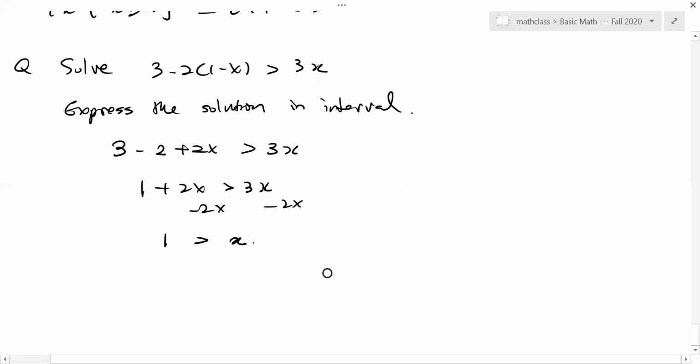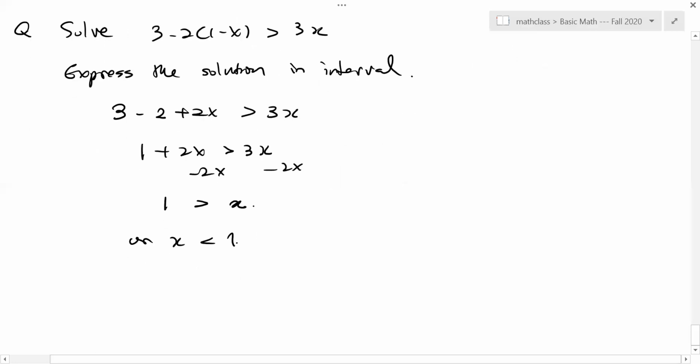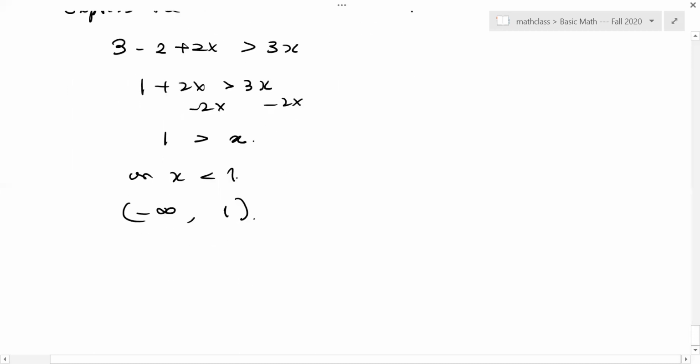One is greater than x, or x is less than 1. So the interval notation will be from negative infinity to positive 1, but 1 is not included. Okay, this describes the set of all real numbers which are less than 1.